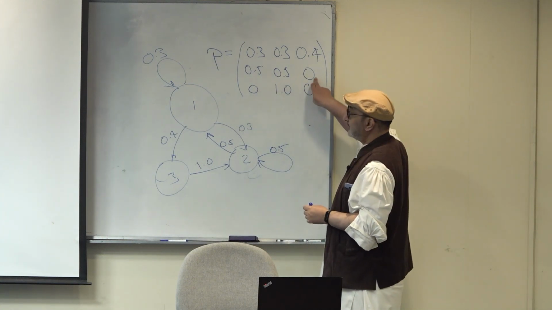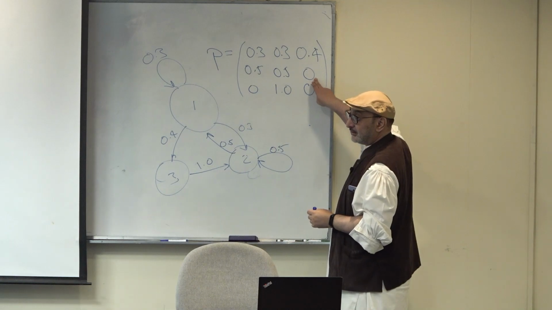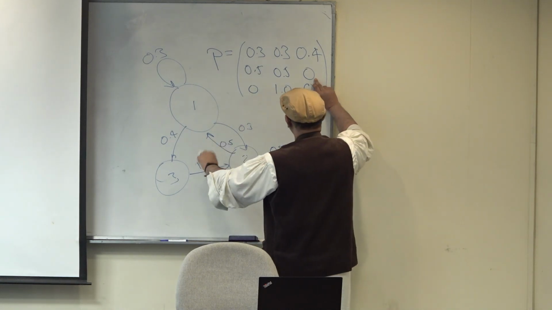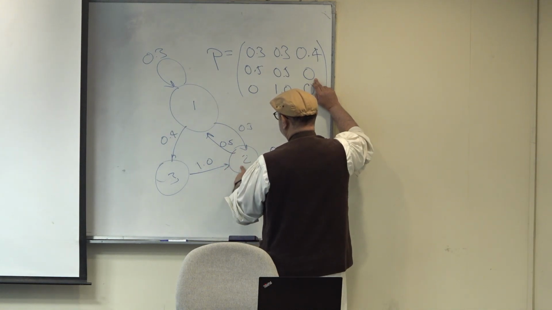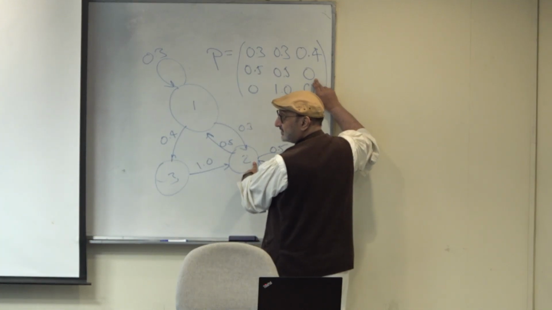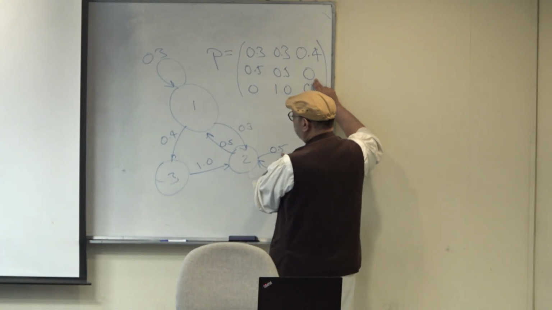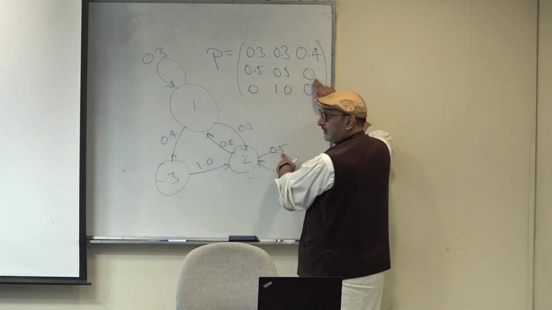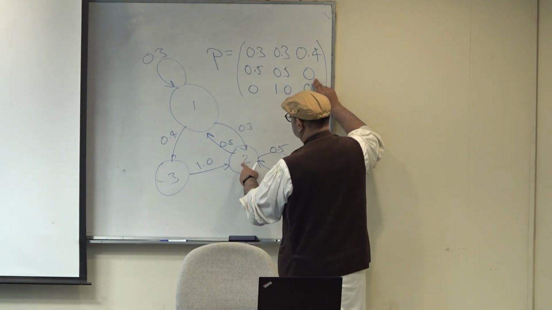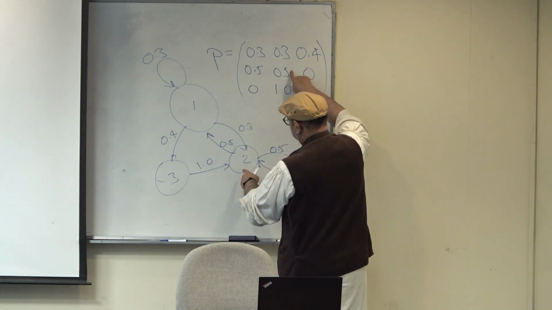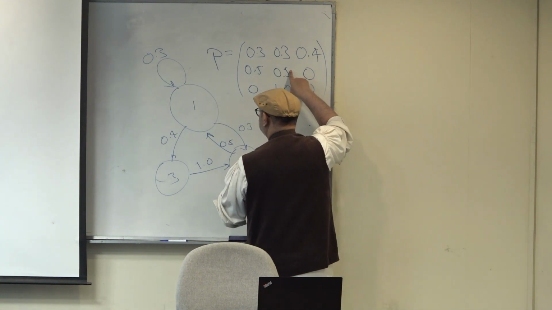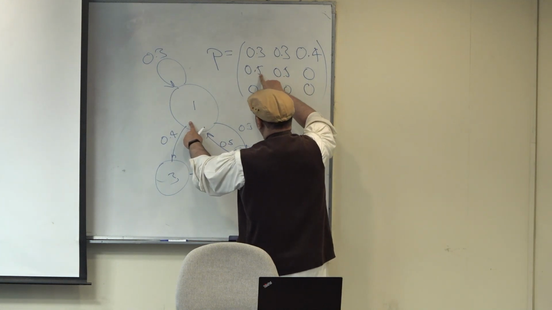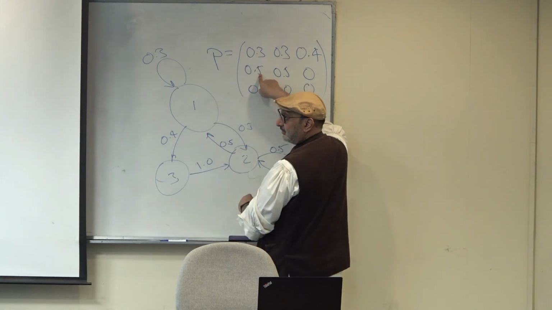This entry? Well, the way I've drawn this, if you're at the state 2, at the next time step you can be still at the state 2 with probability 0.5, or you can go from the state 2 to the state 1 with probability 0.5.